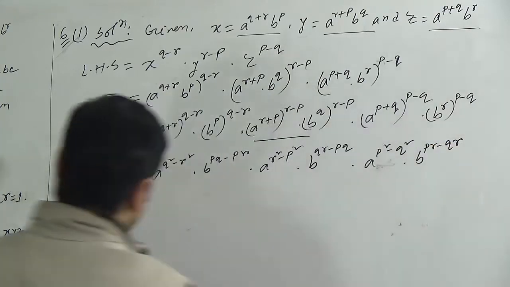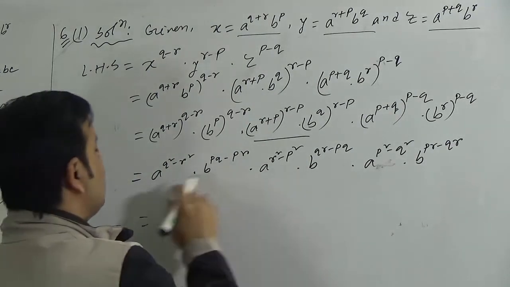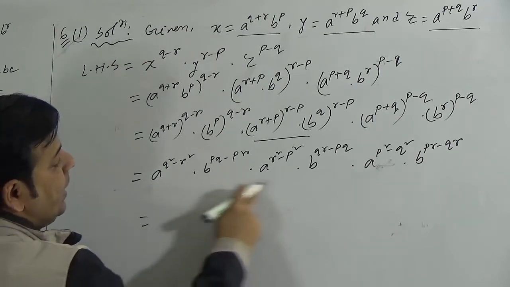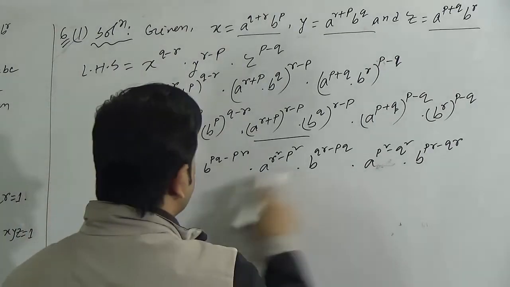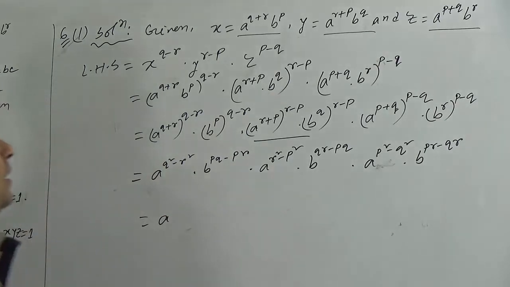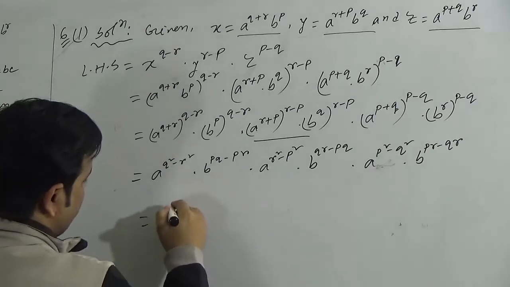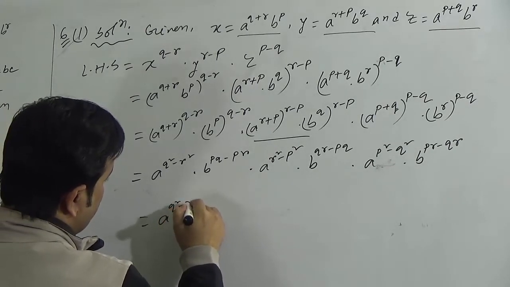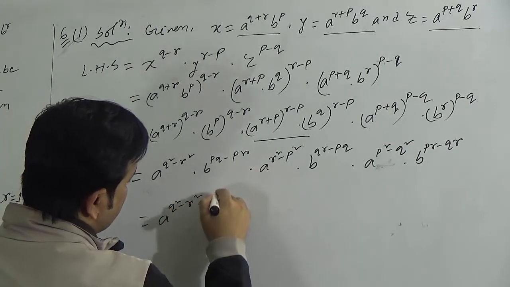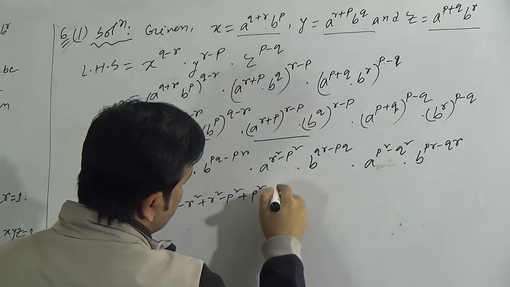So dear students, now we can write here, as all the terms given are a product of a and a, we can write only one a, and we can add the indices as here is product. So we can write q²-r² plus r²-p² plus p²-q².